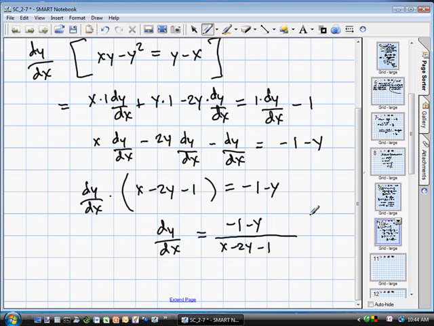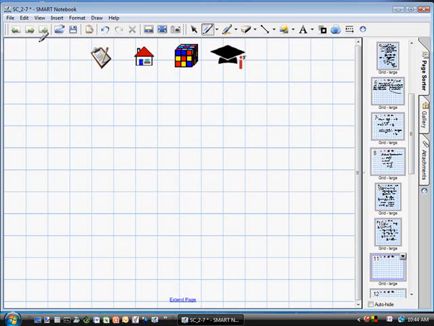Let's do one more with the remaining time here. Well, at least we can get started on this. How about if we do number 22? Number 22 says square root of xy equals x minus 2y.